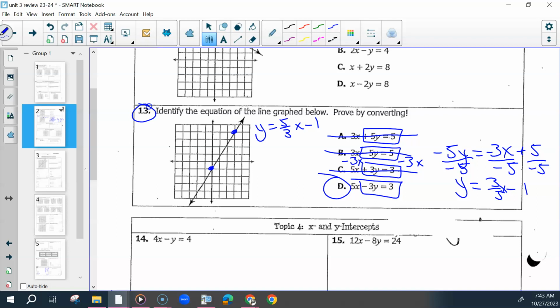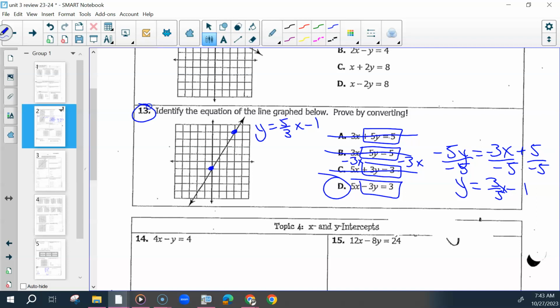Other questions? Questions on this page, 12, 16, or 17? For 16 and 17, remember your flip-ups.